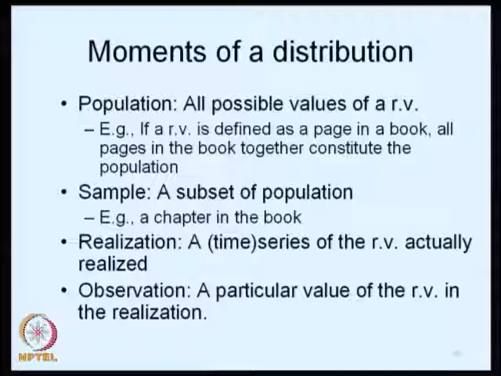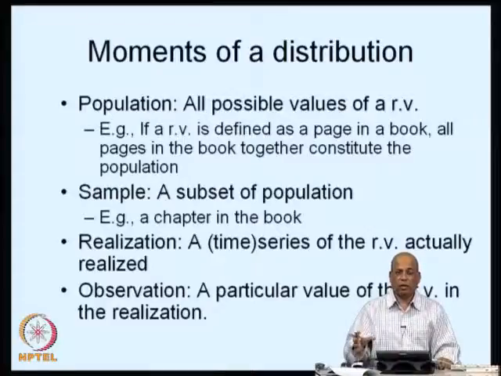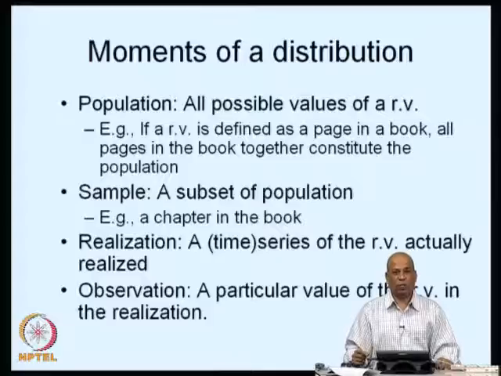Then we have what is called a realization. Realization is the actual outcome of the experiments that you have carried out. For example, you have actually randomly drawn certain pages and you get the series of values that the random variable has actually taken, and this is called a realization. An observation is a particular value of the random variable in the realization.